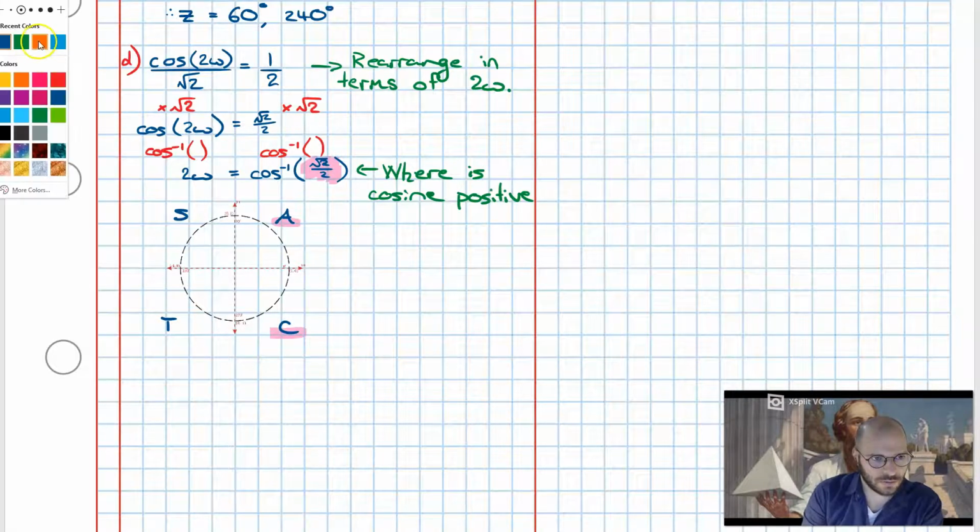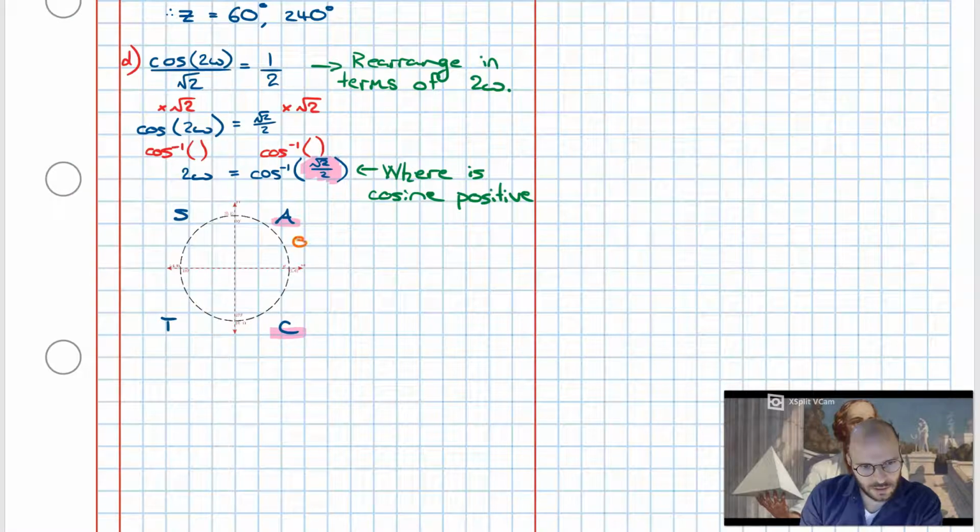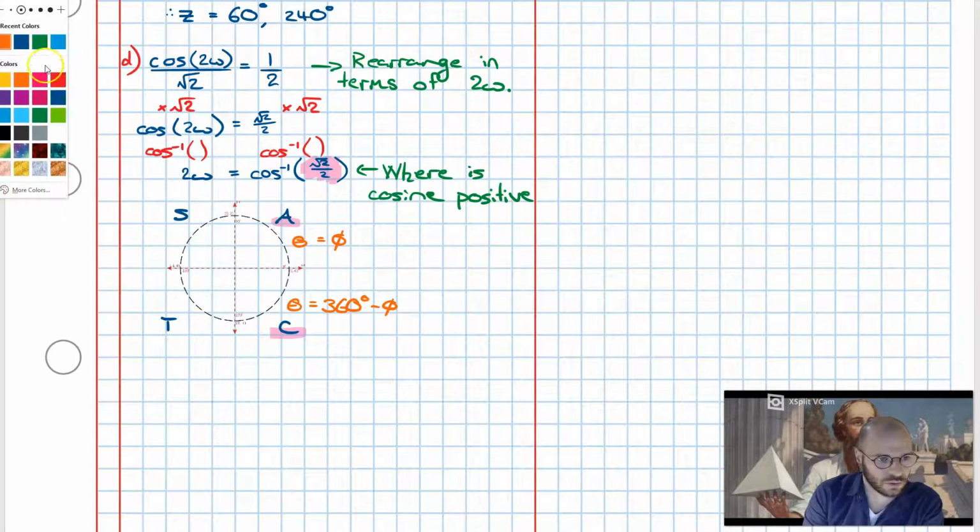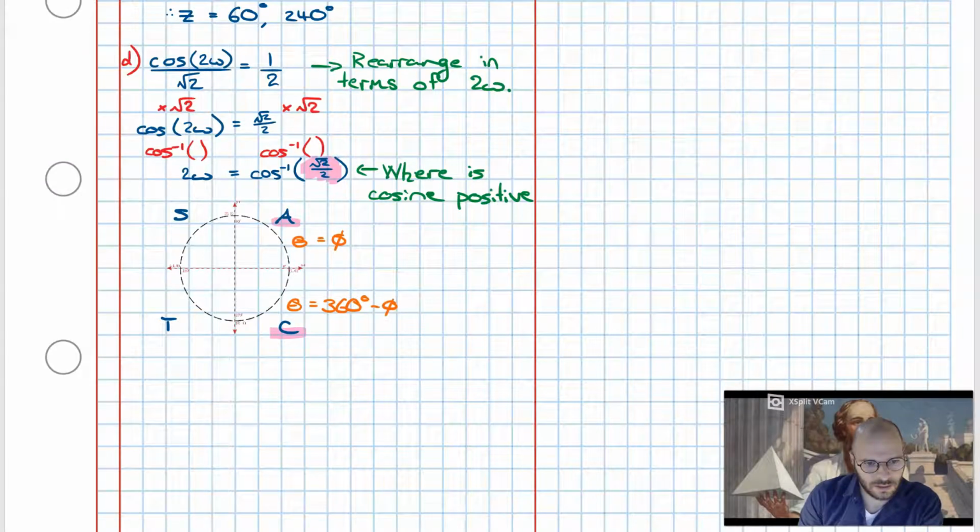The relationships for these are theta equals phi, and also theta is going to be 360 degrees take phi, the interior angle. From there, we're getting a solution here, and we're getting a solution here. So we're drawing the equivalent triangles, like so.